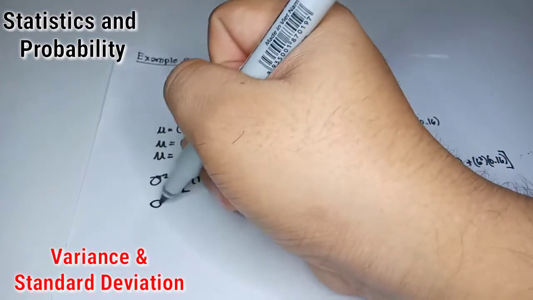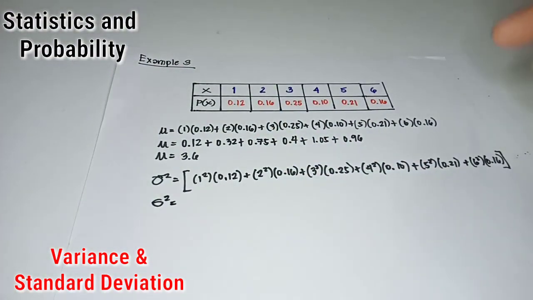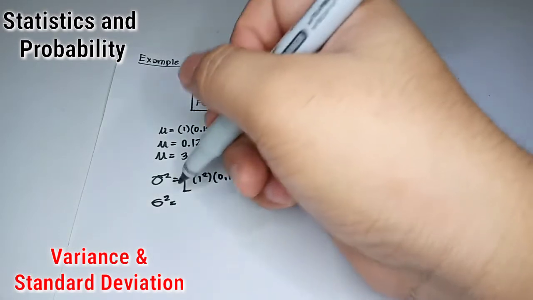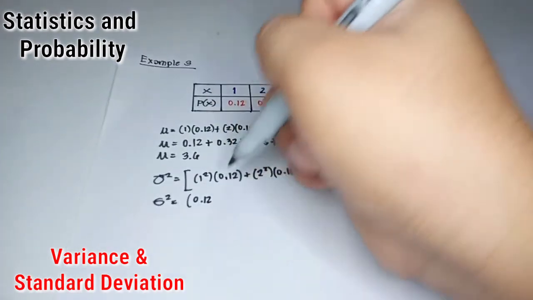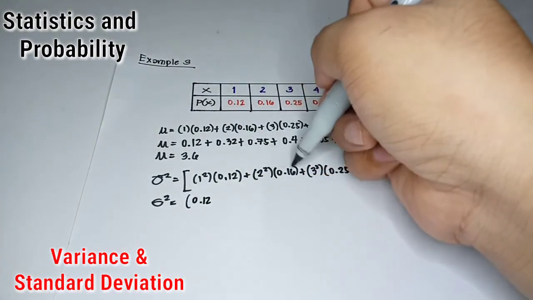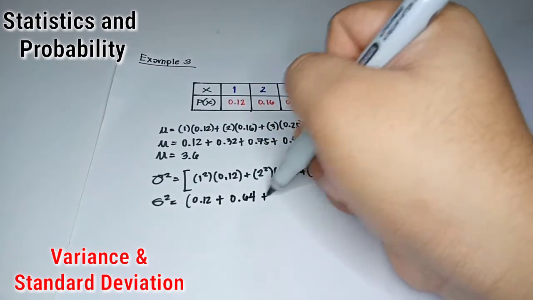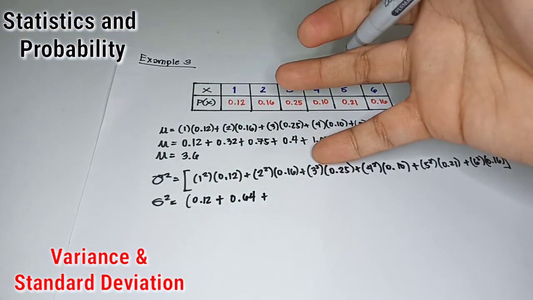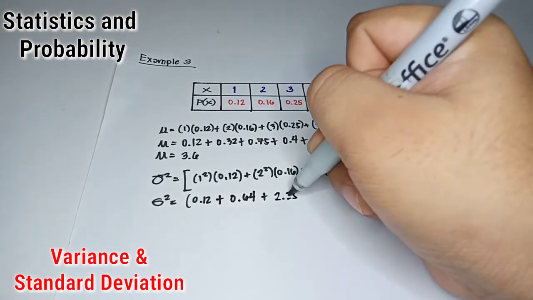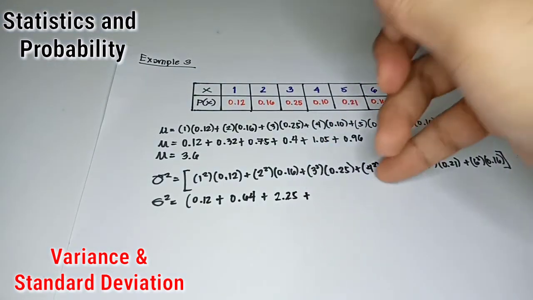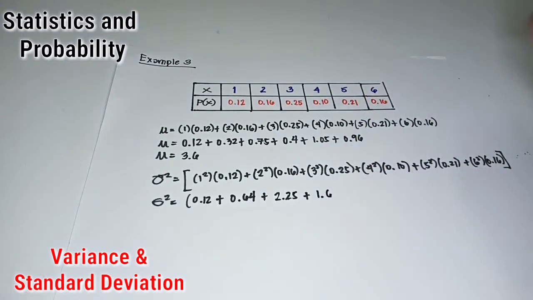So let's continue. Sigma squared is 1 squared times 0.12, you will get 0.12. And 2 squared, that's 4. 4 times 0.16, you'll get 0.64, plus 3 squared, that's 9. 9 times 0.25, you have 2.25, plus 4 squared, that's 16. 16 times 0.10 is 1.6.